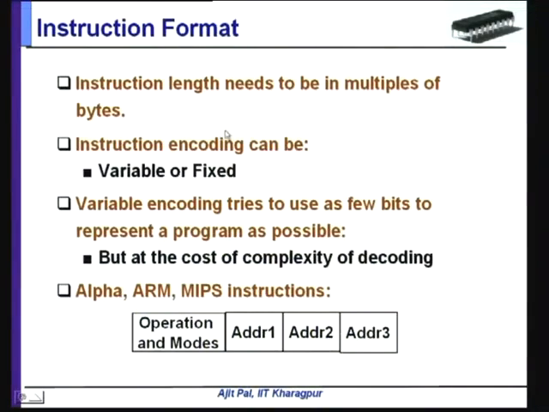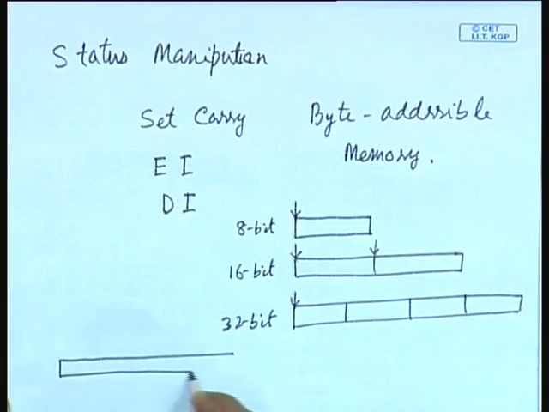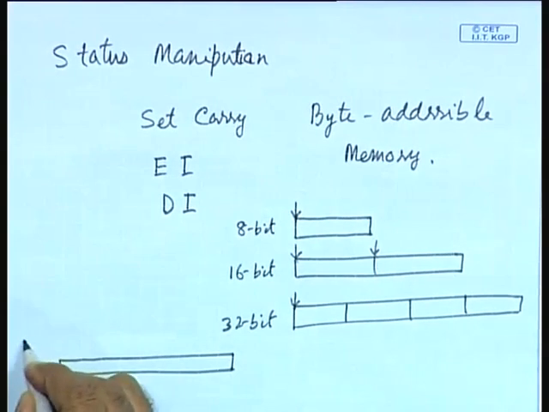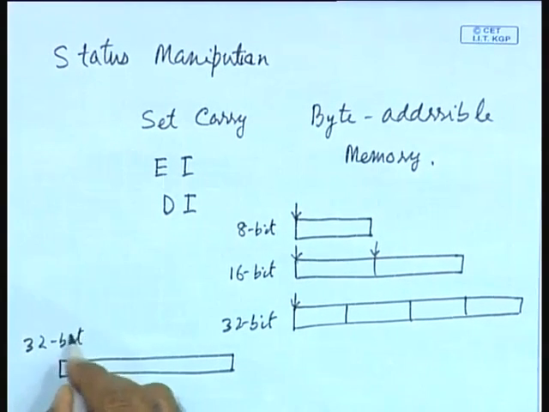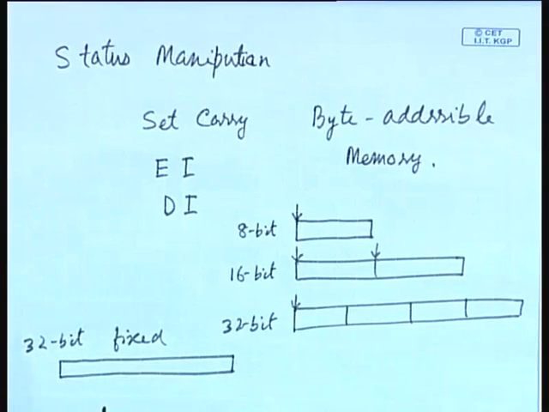Now, instruction encoding can be variable or fixed. There can be a fixed format. In other words, an instruction can be of fixed size, say 32 bit, where all instructions are of 32 bit.